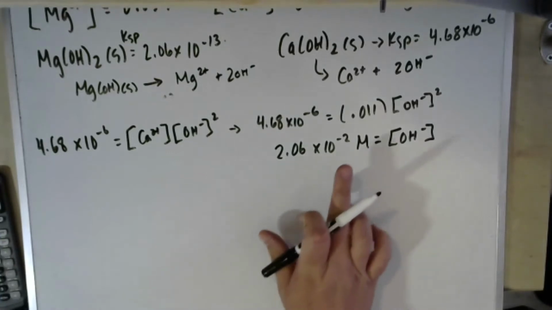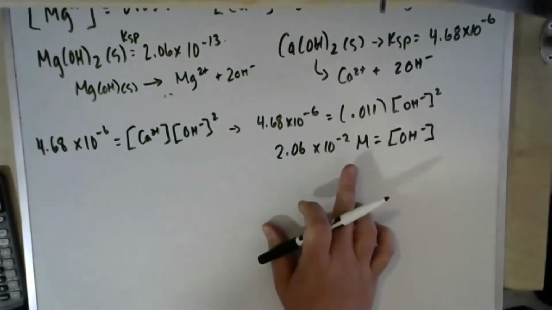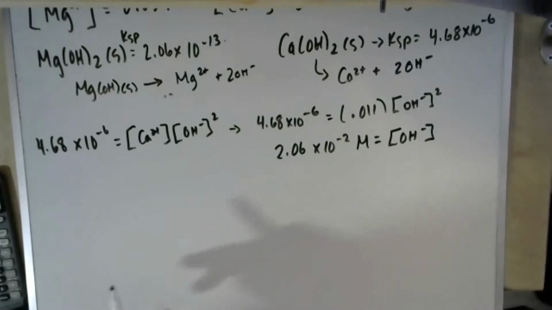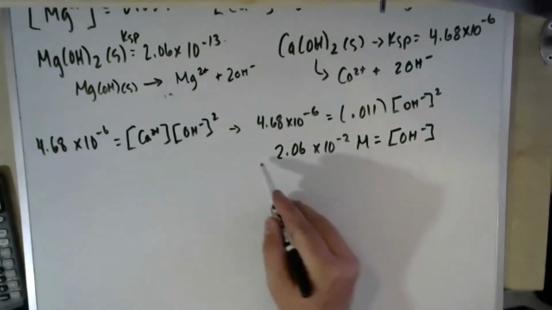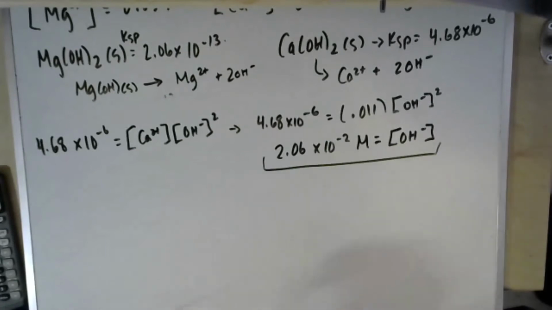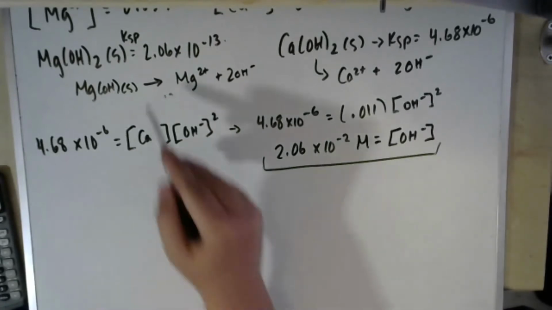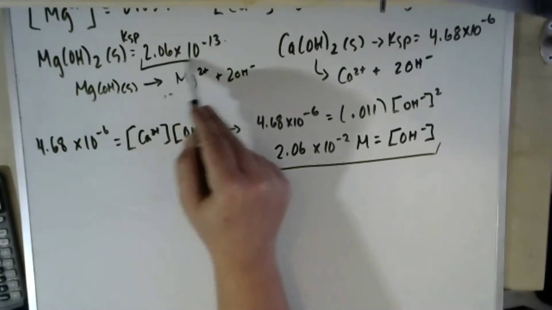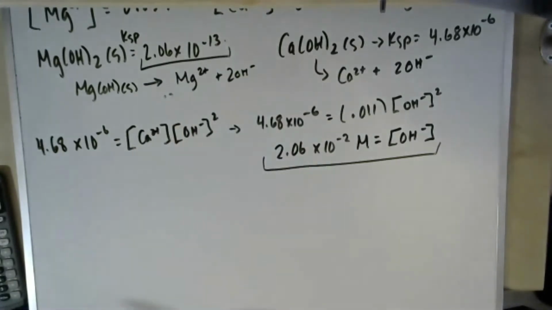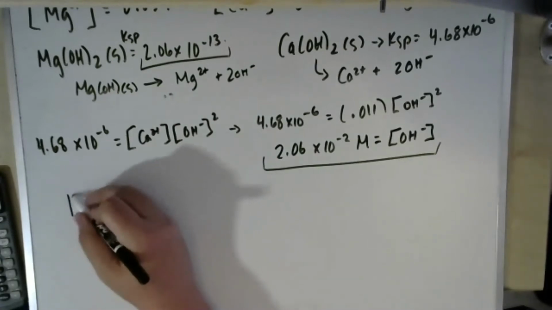Now, knowing that our magnesium hydroxide is still precipitating, we can use our new value of hydroxide and our KSP value for magnesium hydroxide to figure out what our new concentration of magnesium is going to be.